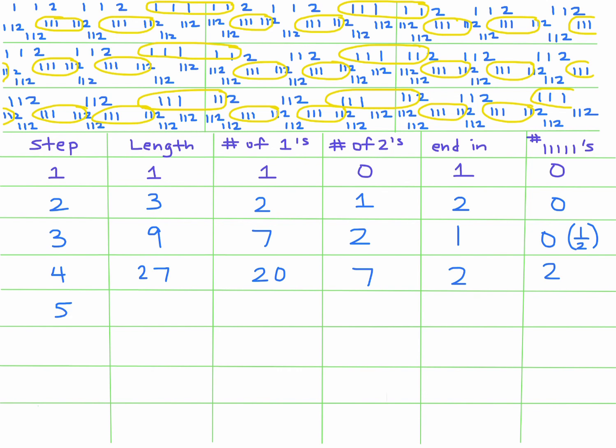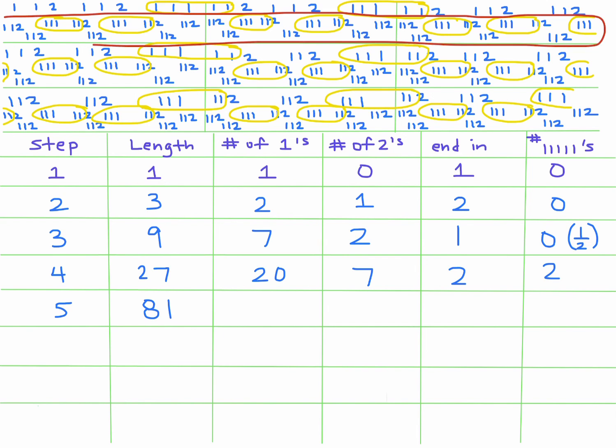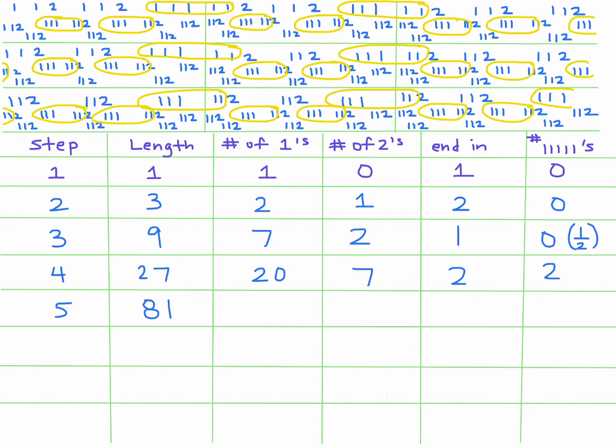But you say, well, okay, I understand that you're multiplying by 3 every time. So when you get to 81, it's going to be all of these, that's 81. But you really expect me to sit there and count all the 1s? And the good news is you don't have to. Here's a trick. The number of 2s is going to be the same as the number of 1s from the previous step. Let me repeat that.